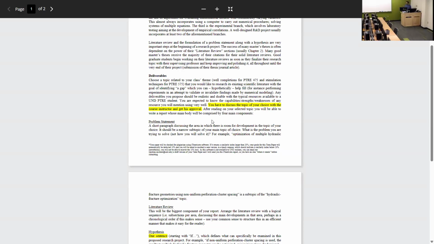It's important not to mix because that's the difference between the classes. You guys are going to be doing different term papers. Don't choose a stimulation topic if you are in 475. Don't choose a well completion topic if you are in 575.